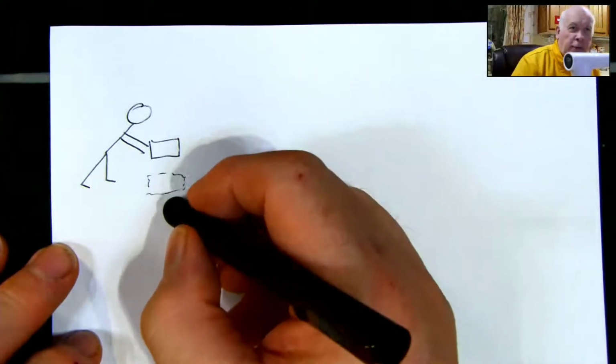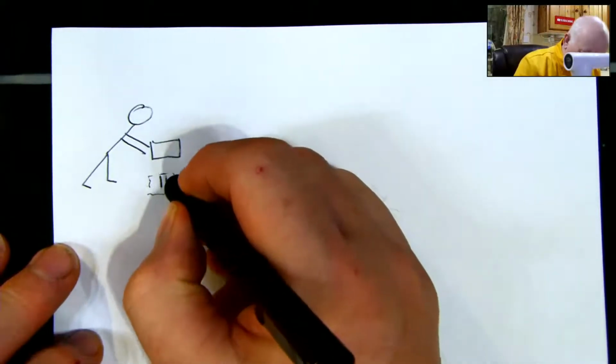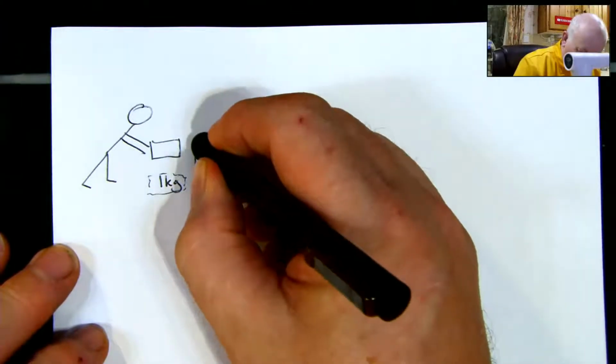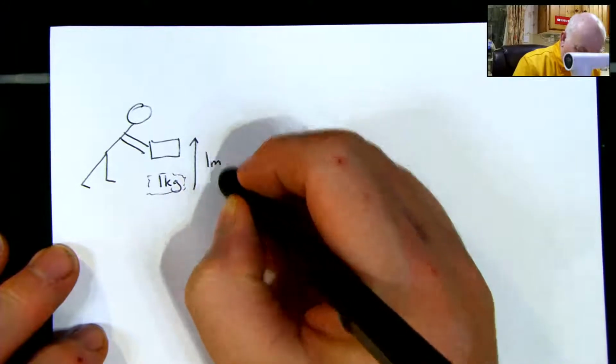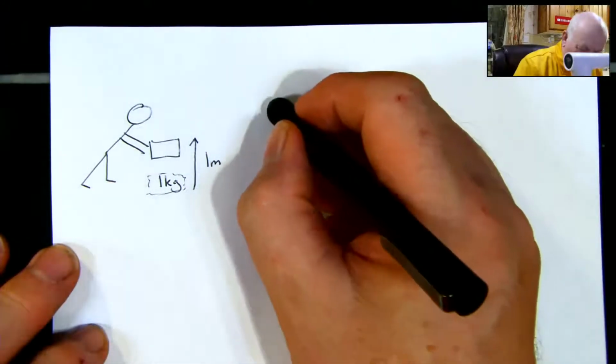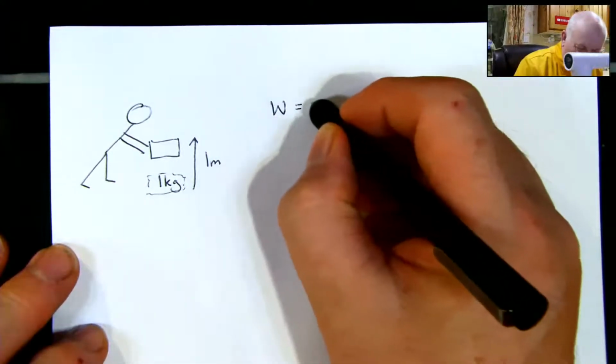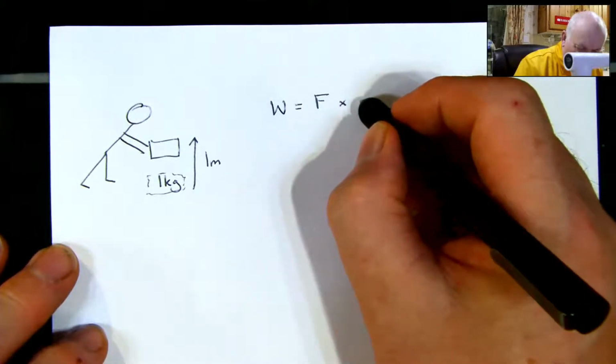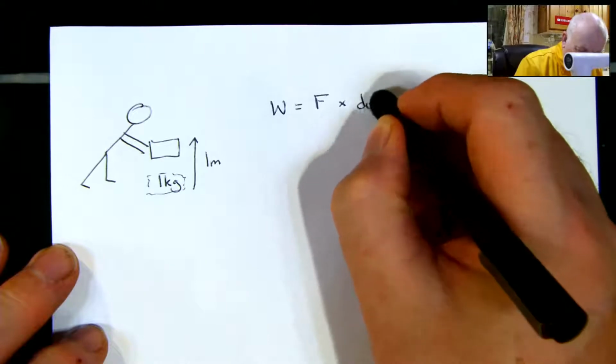Now, if I lift a mass of 1 kilogram through 1 meter, our work done is going to be simply our force times our distance.